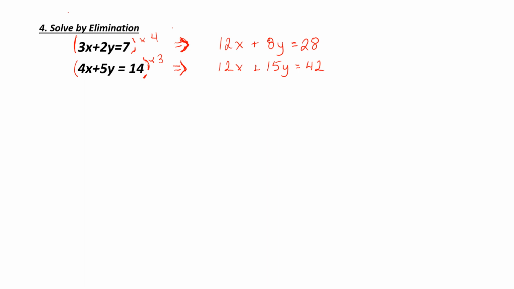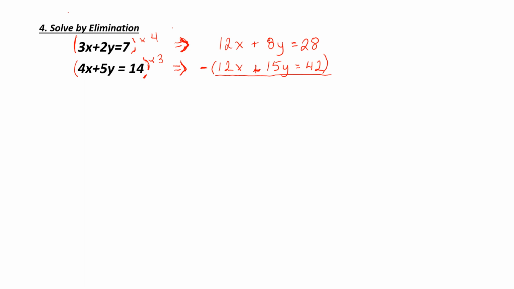All right. Now, to add or subtract. Based on what I see, the 12x's have the same sign. If they have the same sign, I'm going to subtract. If they have different signs, I would add them. So 12x minus 12x is 0x.